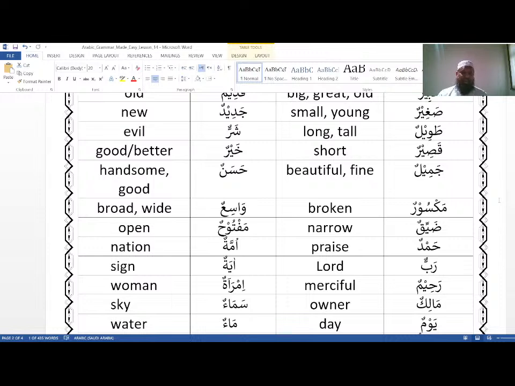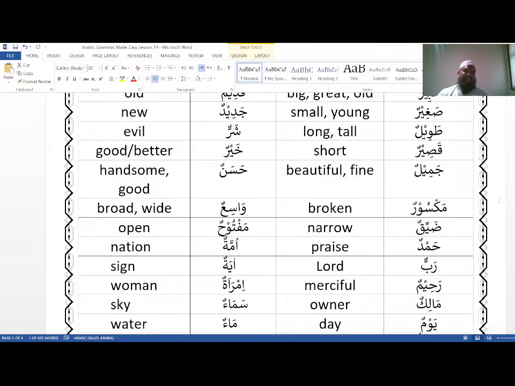Okay, sama again we can use for a few meanings. Number one, sama'un, yes, the real default meaning is sky. If it's the meaning of sky, then yes, it's muannas. But sama also can mean a roof. If it's used as a roof, like saqfun, saqfun is a roof, saqfun is mudhakkar.